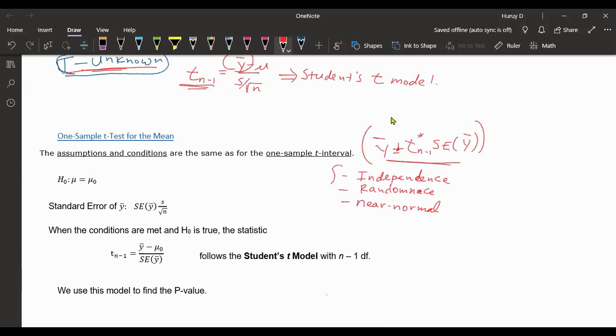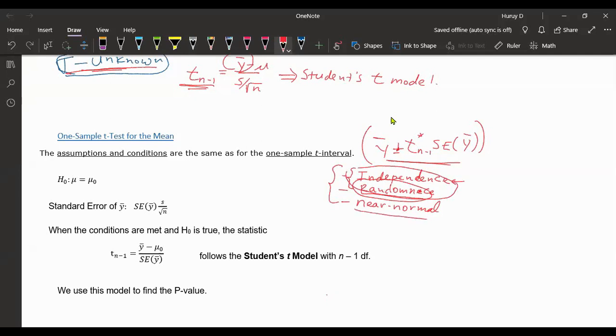All right, so these are the assumptions for constructing the confidence interval. So one thing that we would like to check is, when we select a sample, were they selected randomly? And are they independent from each other, or is there influence? Usually, if they are selected randomly, independence is guaranteed. So if you see in the problem that the sample is selected randomly, then it's okay to assume both these assumptions are satisfied.